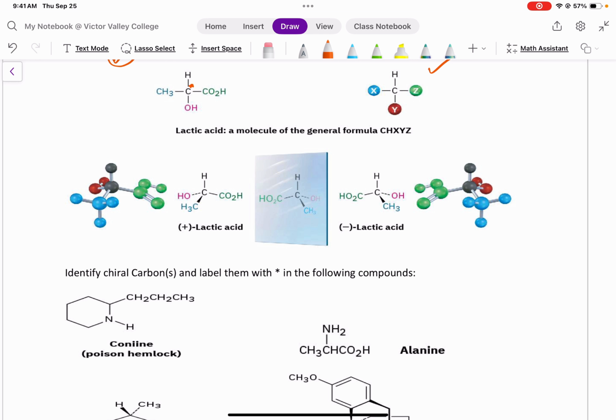As we discussed in the lecture, if you compare a molecule with its mirror image and they're different, then they are enantiomers of each other. In this case, there's a different nomenclature. We put plus versus minus, okay, but you can also assign R versus S.